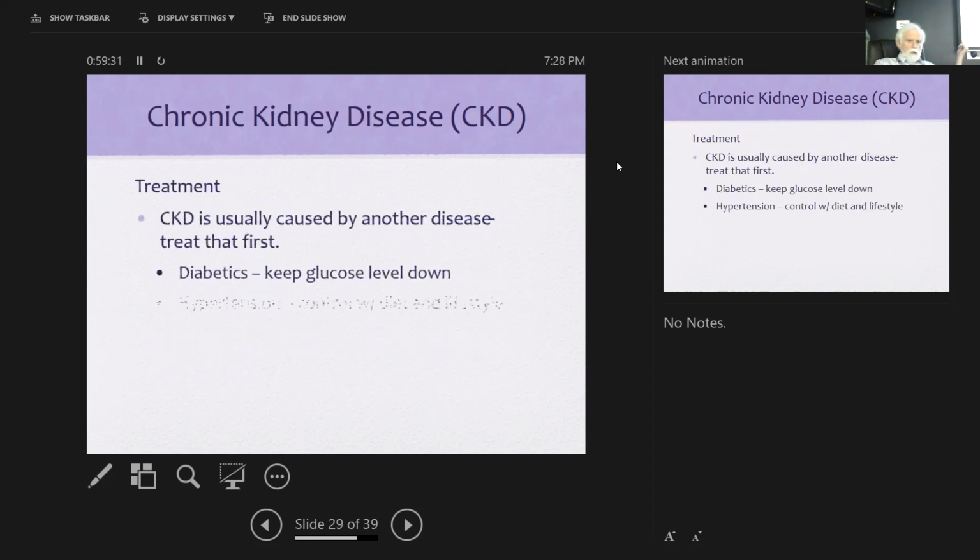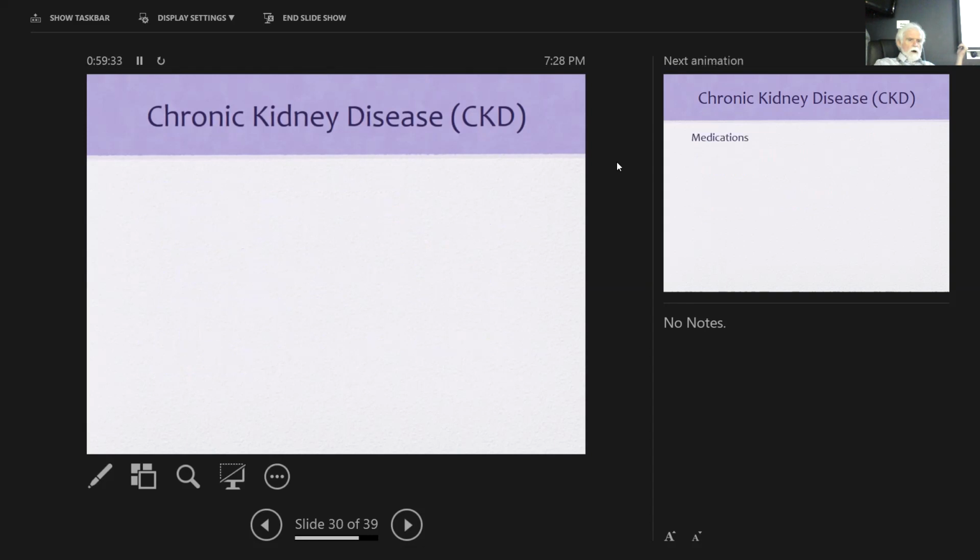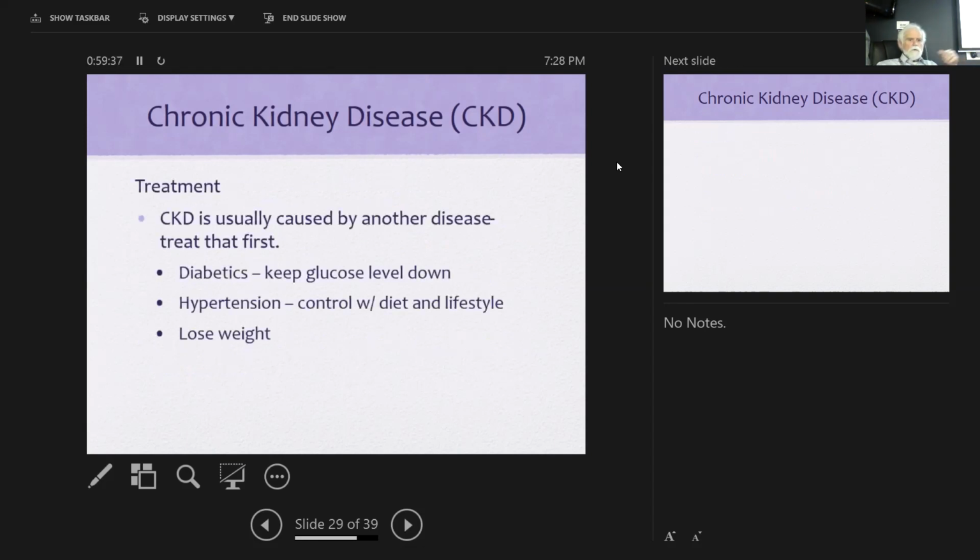And various treatments are available to start treating chronic kidney disease as soon as we know it's occurring. And we know it's occurring because we'll see especially changes in blood urea nitrogen and creatinine clearance time.